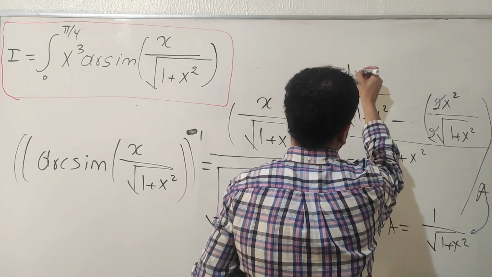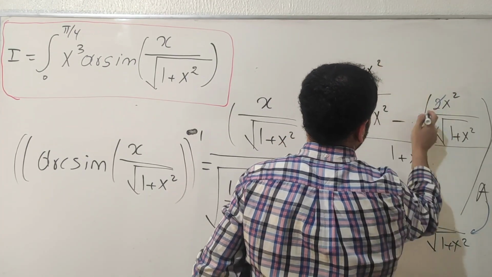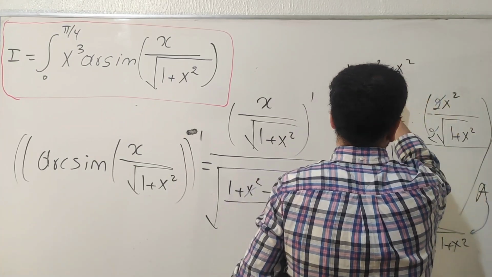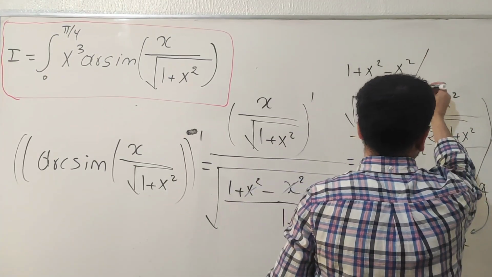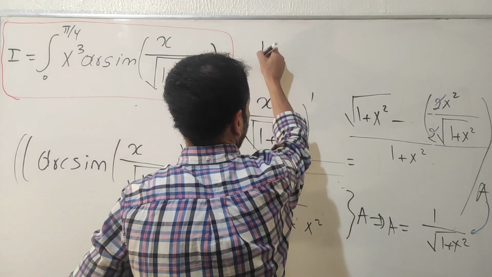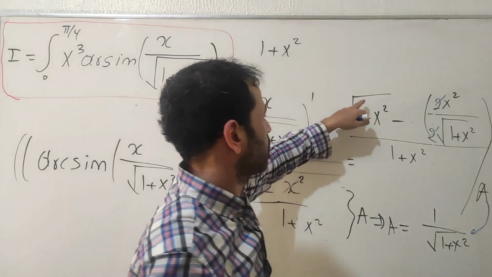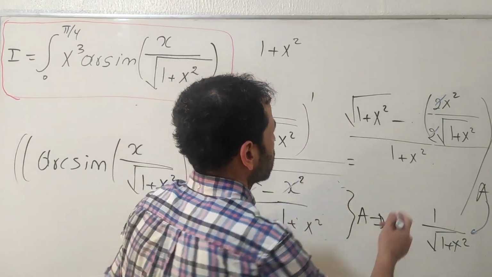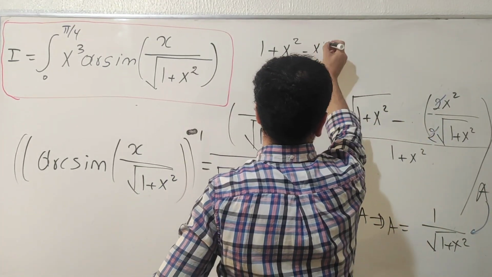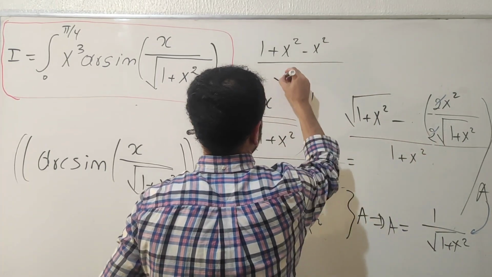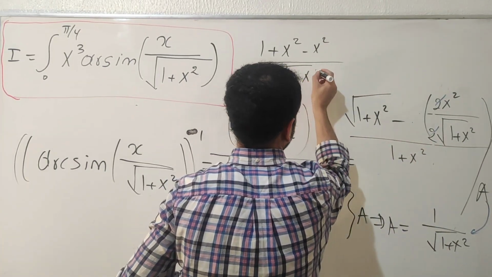I will be left with 1 plus x squared minus x squared over here. The whole thing is divided by 1 plus x squared, and I will have 1 plus x squared minus x squared, the whole thing divided by the square root of 1 plus x squared.